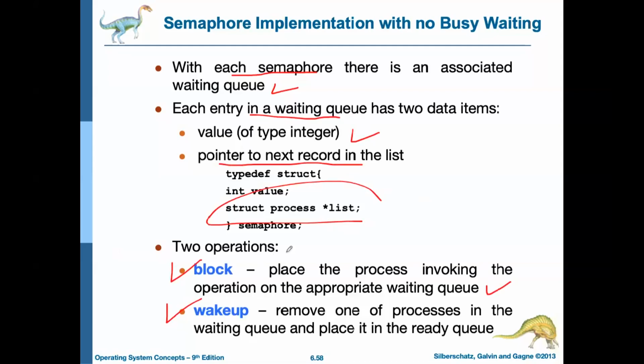You can see this pair, otherwise it will block permanently, which is a problem. Wake up removes one of the processes in the waiting queue and places it in the ready queue.